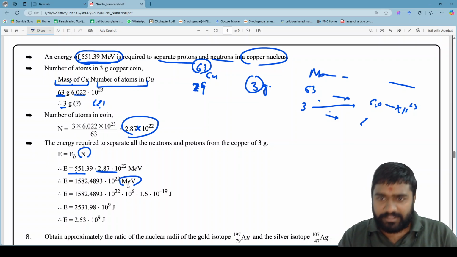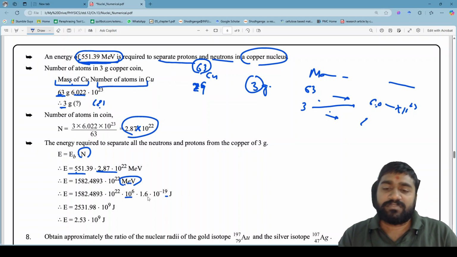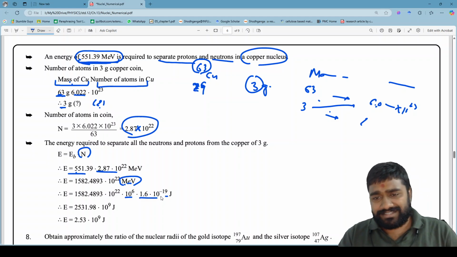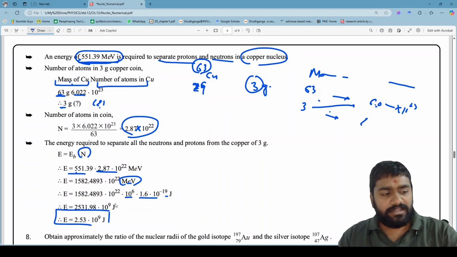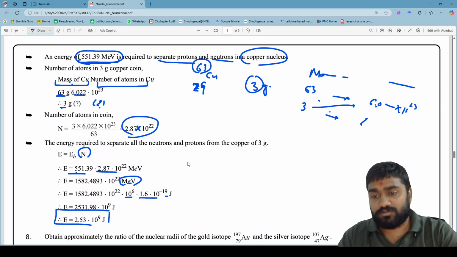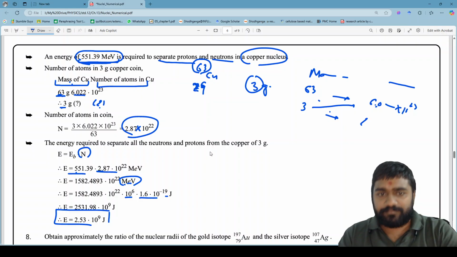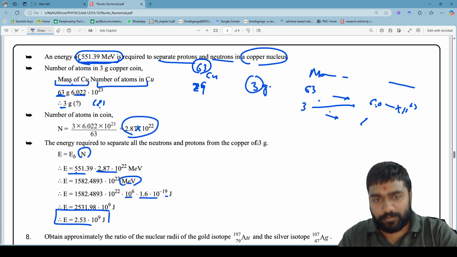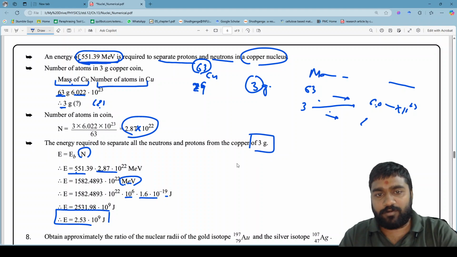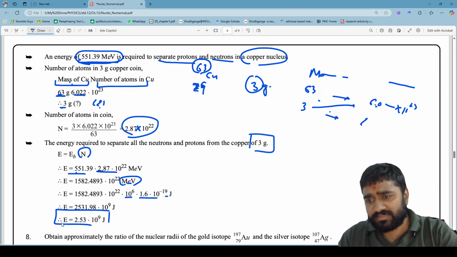So if we have to convert it into joule, mega means 10 raised to 6, 1 eV is equal to 1.6 into 10 raised to minus 19 joule. After the multiplication we'll get 2.53 into 10 raised to 19 joule. So if we want to separate all the protons and neutrons of 3 gram of copper coin, we will require 2.53 into 10 raised to 19 joule. Okay.